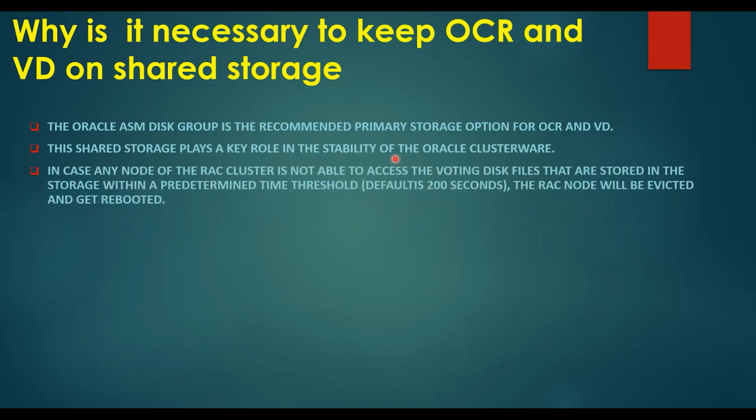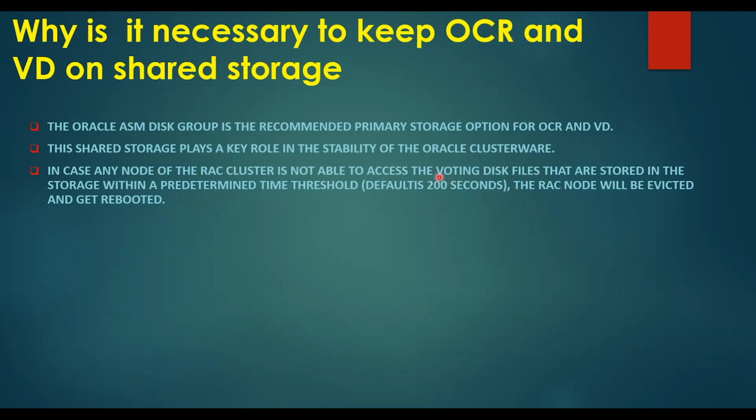If any node of the RAC is not able to access the voting disk files stored in storage within a predetermined time threshold, which is by default 200 seconds, that means if my voting disk is not available within 200 seconds, the RAC node will get evicted.